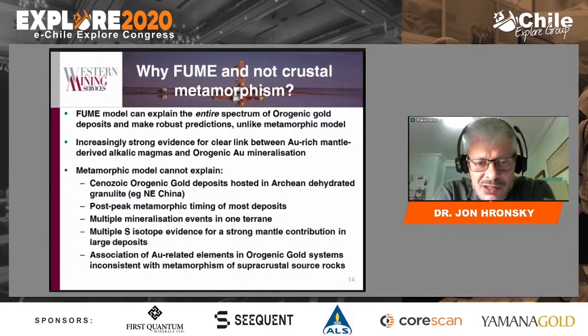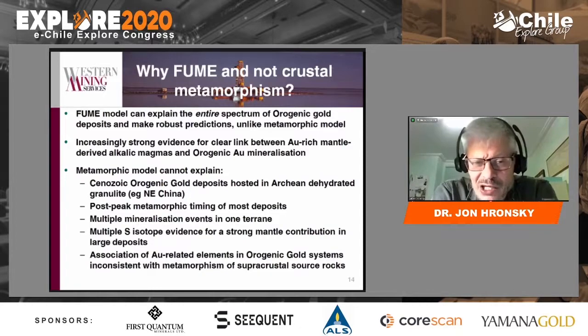But also, there are some really significant failures of the metamorphic model. If you're going to invoke the metamorphic model to explain gold deposits, you have to explain these points. First of all, we see quite large Cretaceous orogenic gold deposits, sorry, I said Cenozoic, apologies, hosted in Archean dehydrated granulite in northeast China. There is no crust to be devolatilized and metamorphosed in that case, and we've still got orogenic gold deposits, so the source comes deeper.